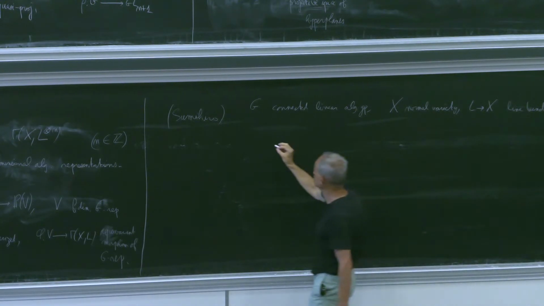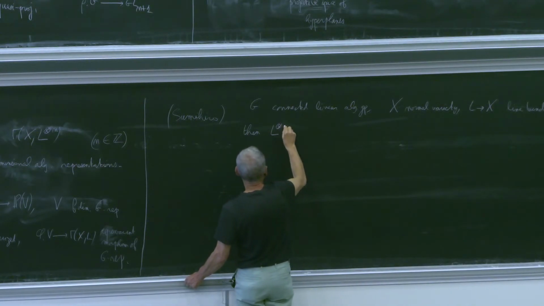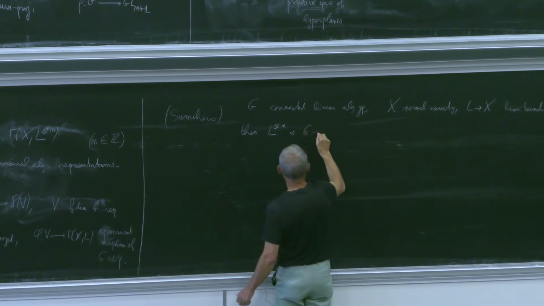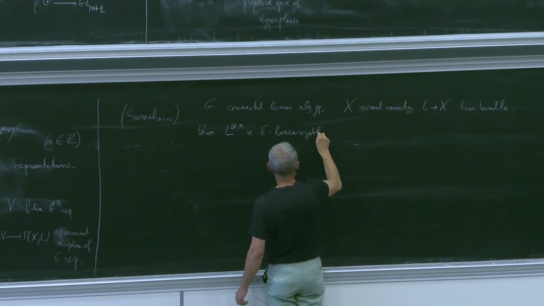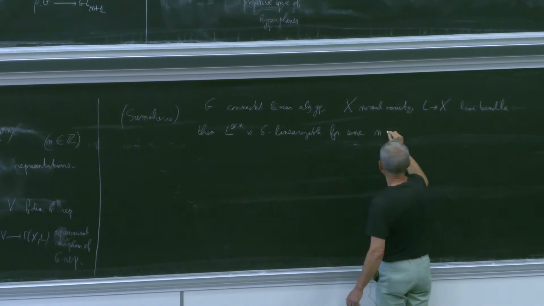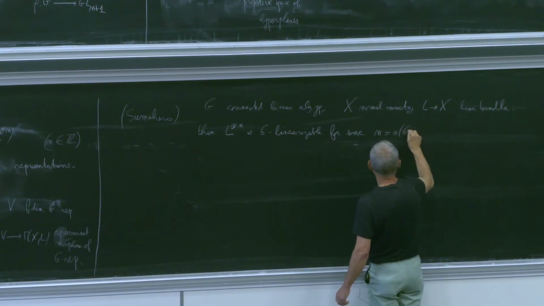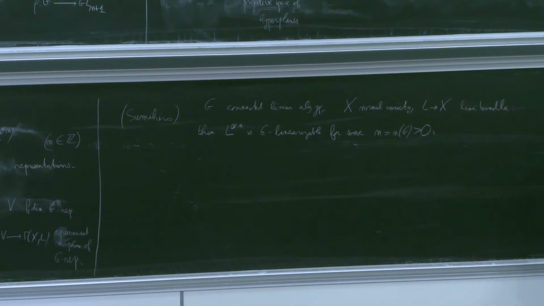Then some positive power has a G-linearization, for some n, which only depends on G, and which is a positive integer. Okay? So that's the main technical ingredient of this proof that I'm sketching.